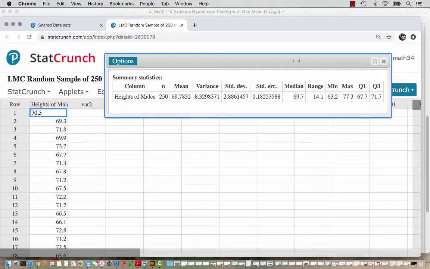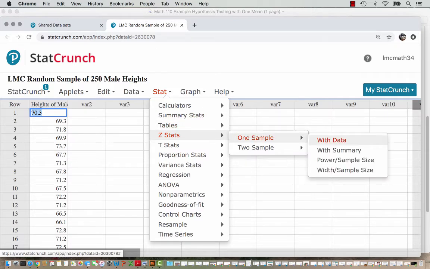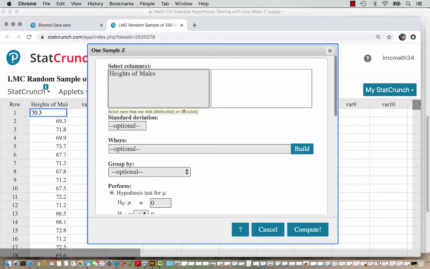So in StatCrunch, we would go to Stat, Z-Stats, because we're using a normal distribution. And then we're going to go to one sample, and we're going to do this with data. We could also do it with summary and input the values we have. I'll show you how to do that as well. But since we've got the list of the data here, we could also use our data. So if we do it with data, we select the column heights of males.